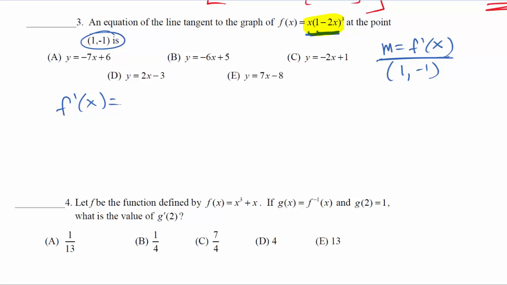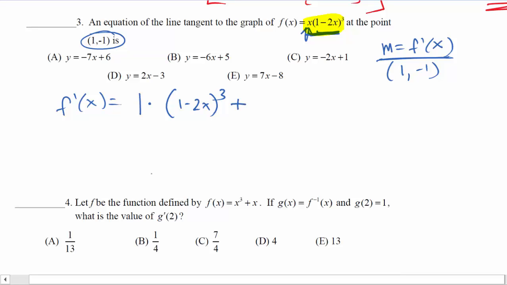Nothing too bad. What's the derivative of x? 1. Keep 1 minus 2x cubed the same. Plus, take the derivative of 1 minus 2x cubed. Bring the 3 in front, 1 minus 2x quantity squared, times the derivative of the inside, which is negative 2.